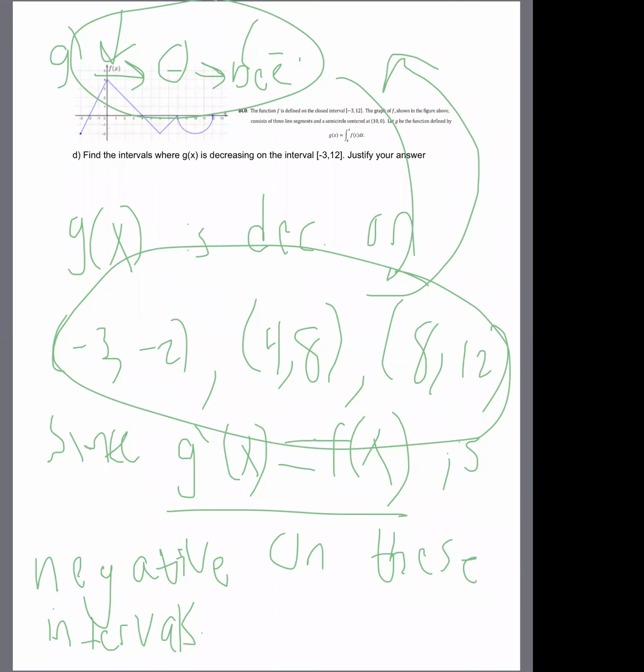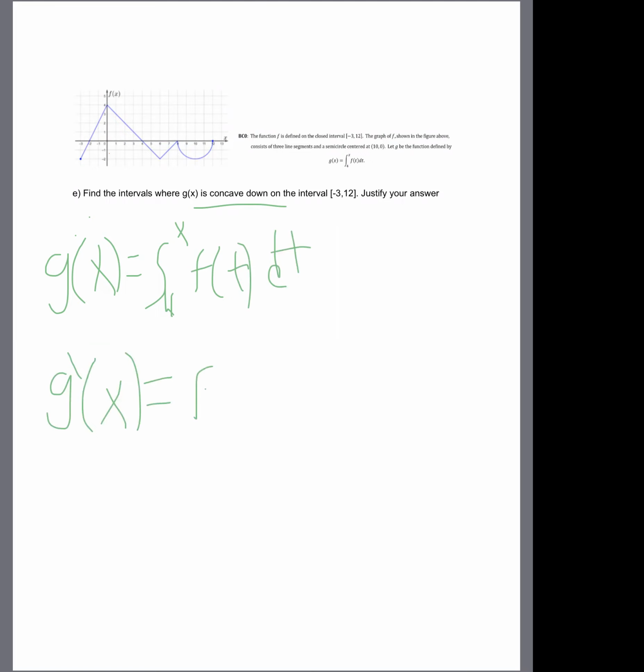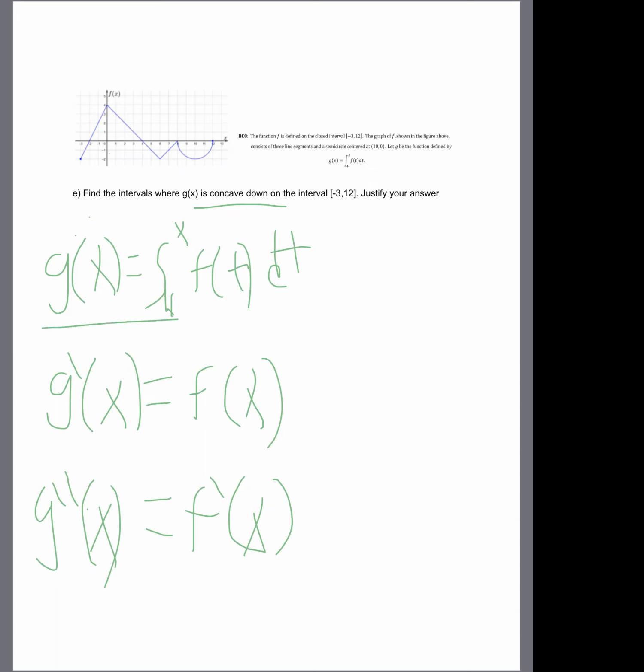Okay. So now moving on to the next one. Similar, but now it's asking for concavity. So find the intervals when g of x is concave down on the interval -3 to 12. You guys know that concavity is normally determined by the second derivative, but there's also a way to determine it with the first derivative, only because the second derivative is the graph of f prime of x, and we don't have that, and I wouldn't want to assume anything from looking at the graph, so I'm going to use this right here.